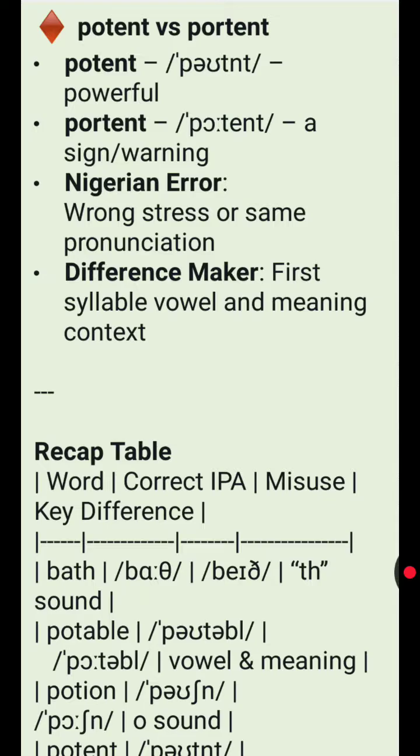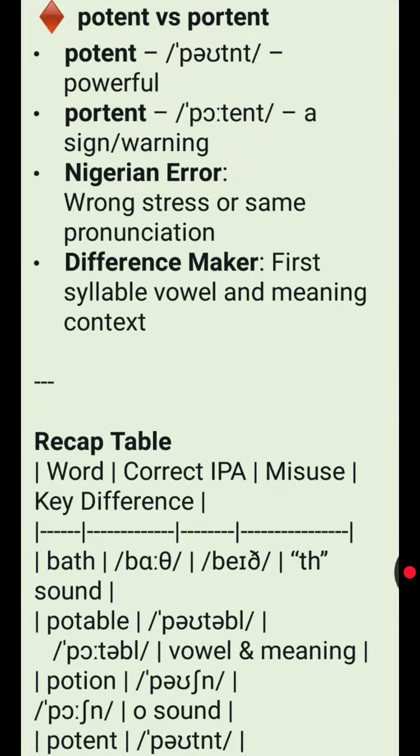They are not spelled exactly the same, but they are spelled in a similar way. So that should be taken note of. Potent is spelled P-O-T-E-N-T, while portent is spelled P-O-R-T-E-N-T. You can see the two spellings and the two pronunciations in here.